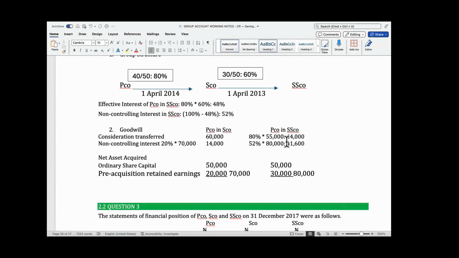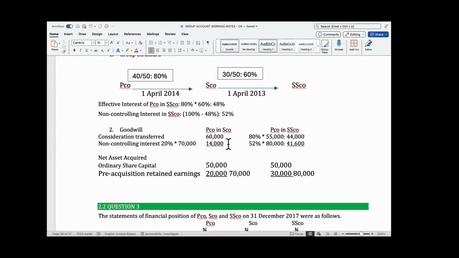Yeah, Michael, you can ask a question. Sir, for the non-controlling interest, the 80% for consideration transferred and 52%, I want to understand, sir, is that 52% the voting right?